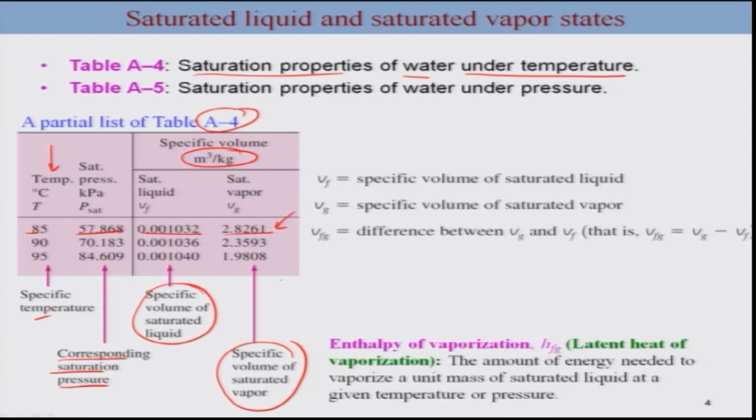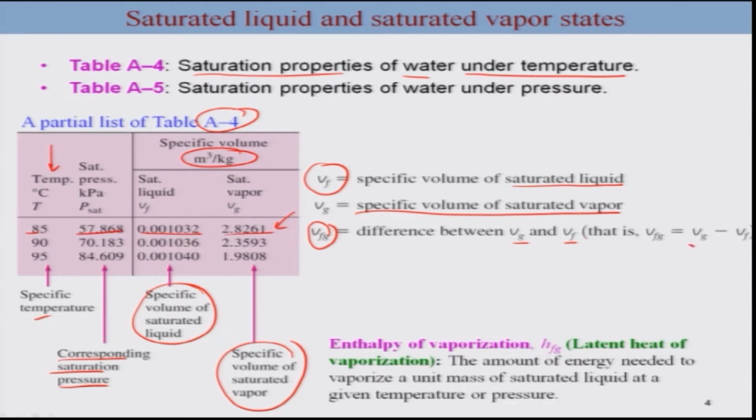There are other columns which I have missed out, just to illustrate only the specific part now. So this is what we are going to use as a nomenclature. Vf stands for specific volume for saturated liquid. F mainly is for fluid, so you can say saturated fluid, but let's just state liquid here, and g for gas, but it is for saturated vapor. Okay, and then we are going to make use of this Vfg, which is nothing but the difference Vg minus Vf, because the volume of the gas or saturated vapor will be much larger.